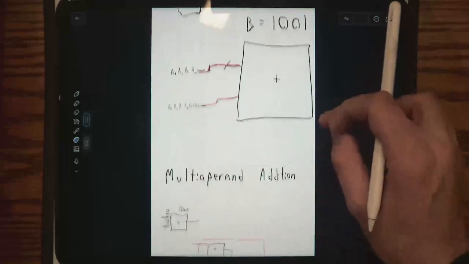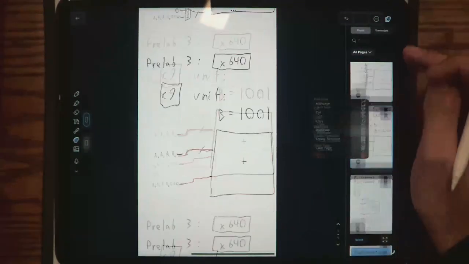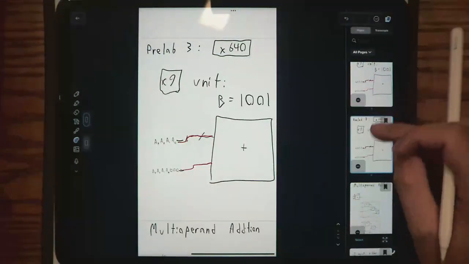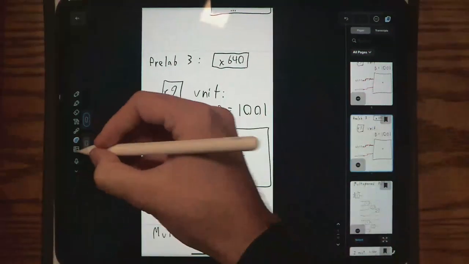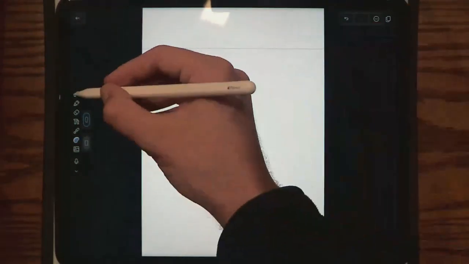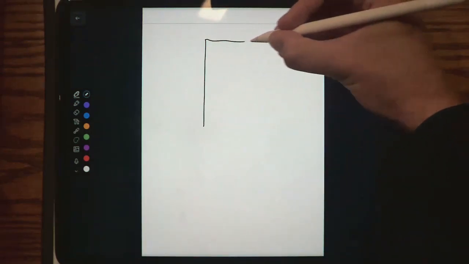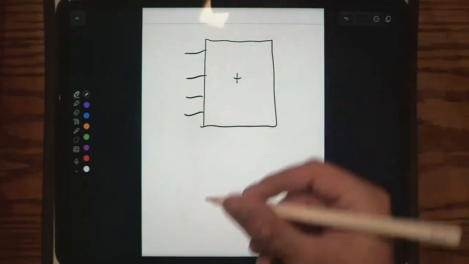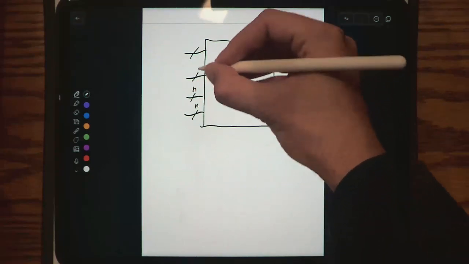So if we have maybe a 4-word adder, let's say each input is n bits, right? Doesn't even matter. N, sure.